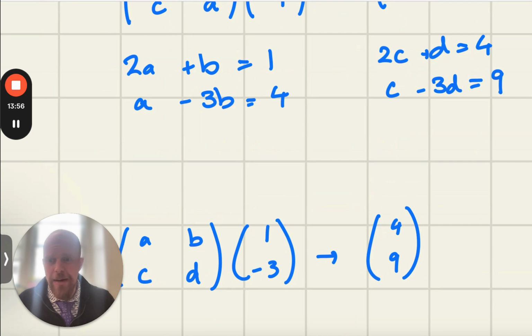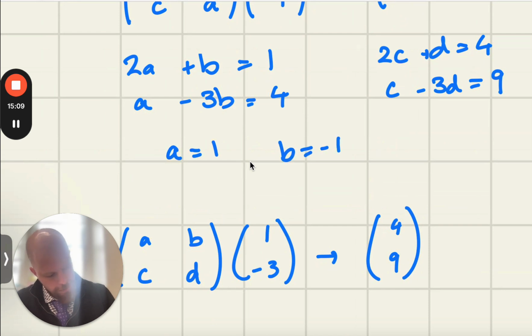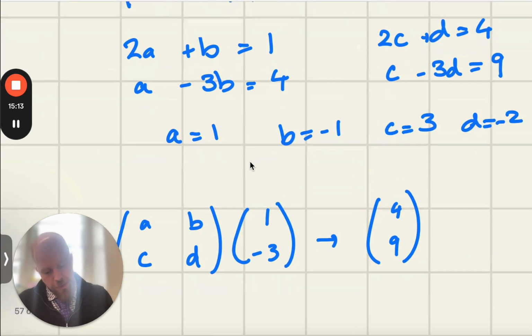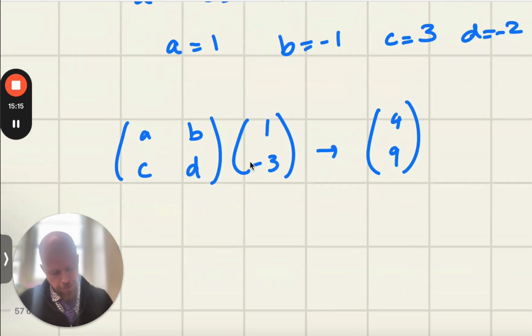I can then put that in my NumWorks calculator or in any other graphic display calculator. I can graph it, and I can solve to find the matrix a, b, c, and d. Solving them, I get a equals 1, b equals minus 1, c equals 3, d equals minus 2, and therefore the matrix that does send these points to the new points will be 1, minus 1, 3, and minus 2.